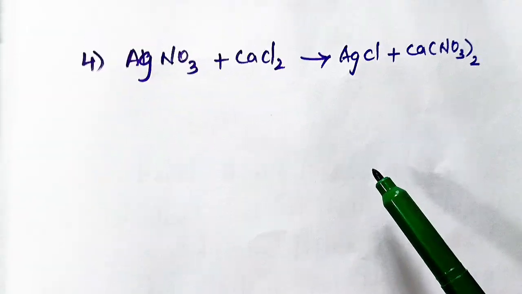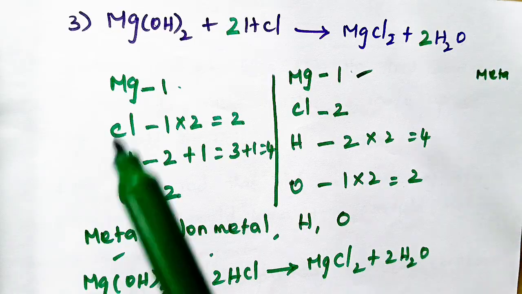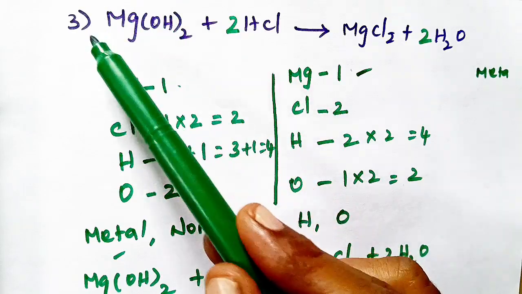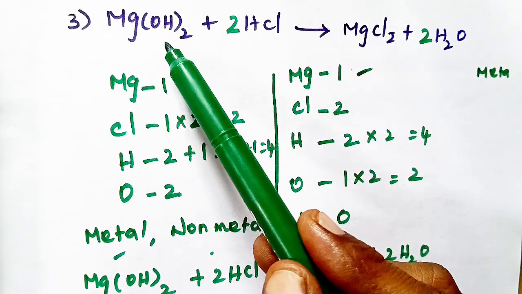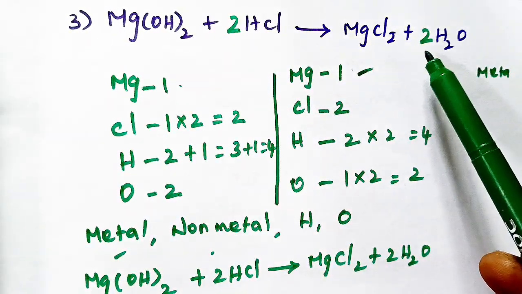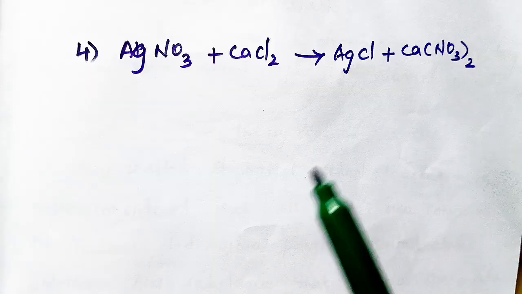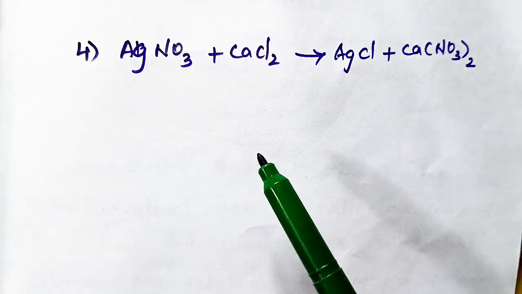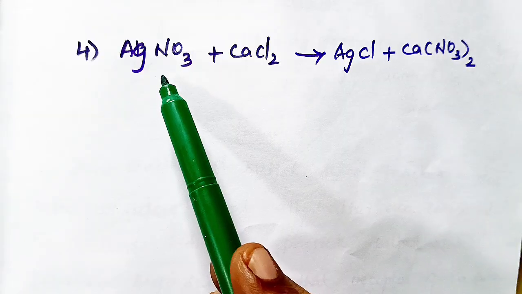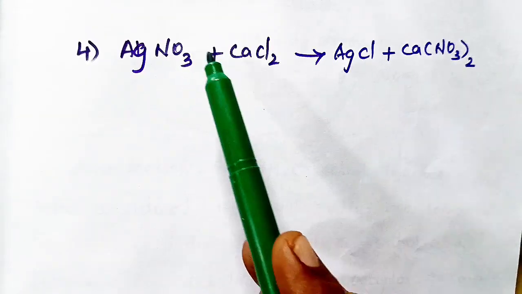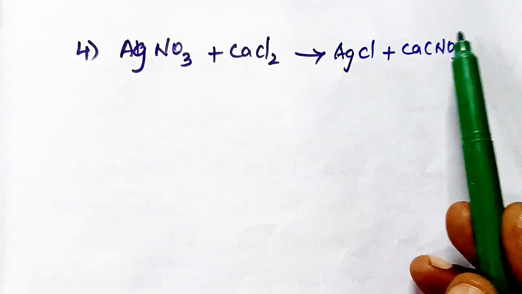Okay, but in the last problem we didn't consider the polyatomic ion as a single unit, because on the reactant side only you have a polyatomic ion, but on the product side you don't have the OH polyatomic ion. So you should remember this point when you balance a chemical reaction: if you have polyatomic ions on both the reactant and product side, you can consider it as a single unit.